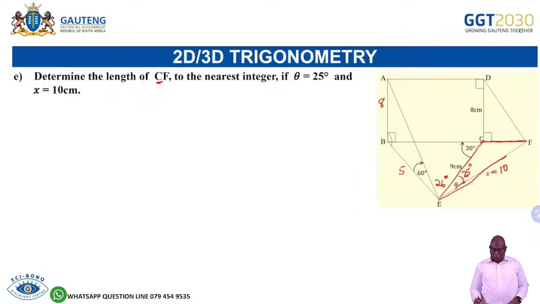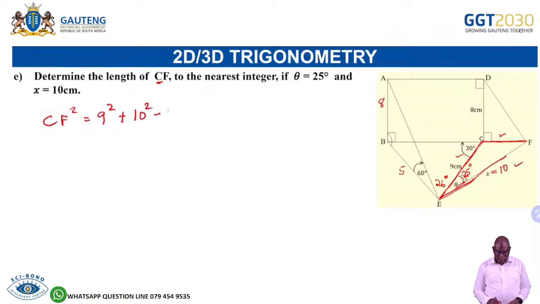So if I've got this side and that side, and an angle in between, for me to get that, I use the cos rule, because I've got SAS. So I'm going to get CF squared equals this side squared plus 10 squared minus 2 times 9 times 10 times the cos of the angle, which should be 25.